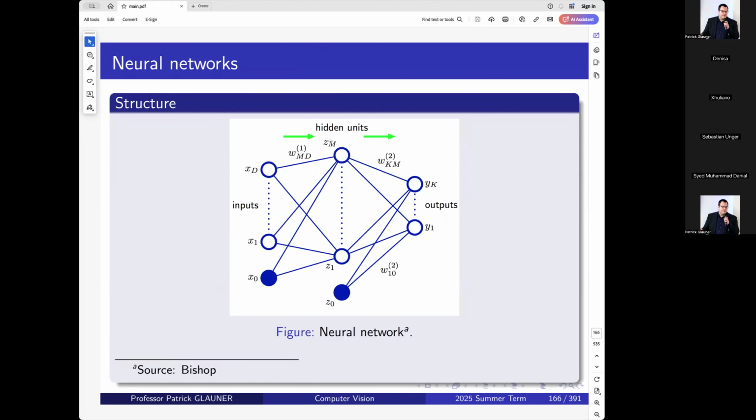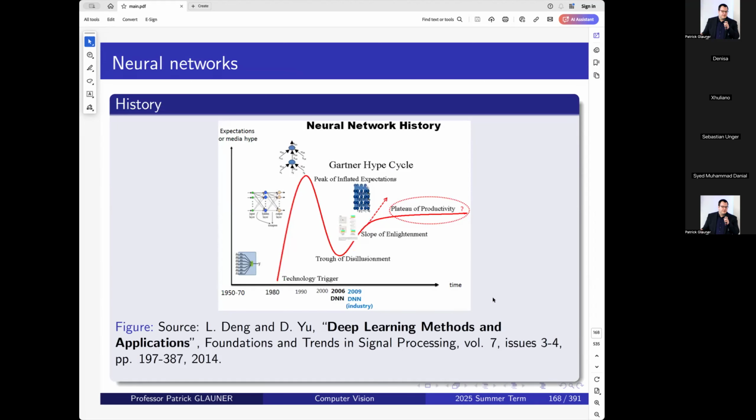So you could just imagine each of these units here in the hidden layer as a perceptron, and then all the units in the output layer as perceptrons as well. And that's why these neural networks are sometimes called MLPs, multi-layer perceptrons. So you would have multiple layers of perceptrons. So if you come across the term MLP, it's a multi-layer perceptron, and that's what these neural networks were also called in the past.